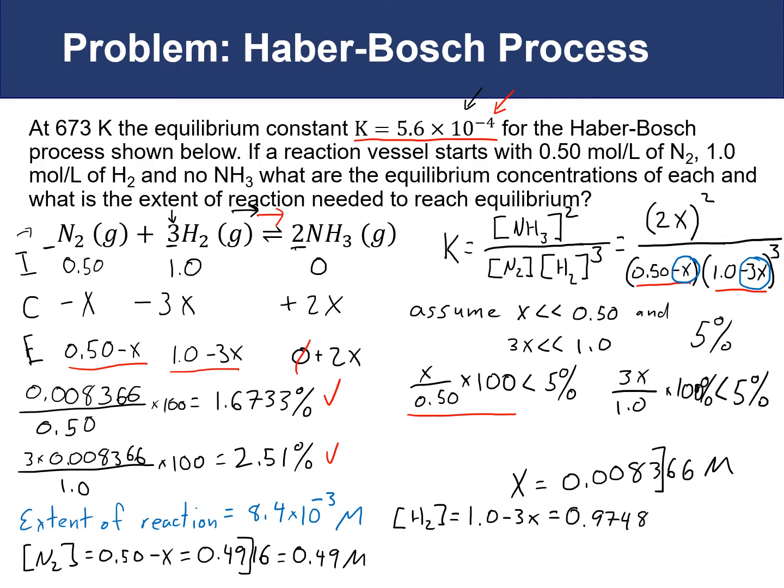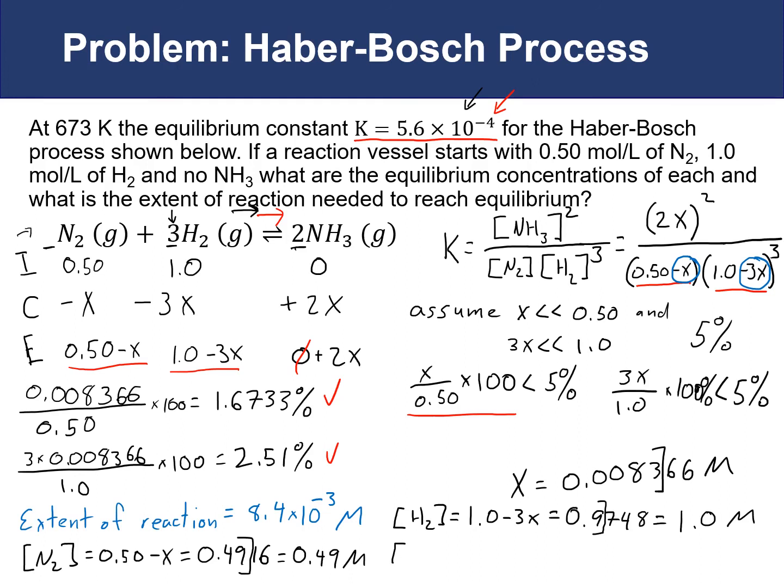In terms of significant figures, because we're doing addition and subtraction, it gets cut at the tenths place, so it gets cut here. And so we actually get back our original value of 1.0 molar. So in this case, it really makes sense to do our assumption rule. Our x was truly insignificant in terms of our sig figs compared to our initial concentrations. The difference gets lost in the significant figures.